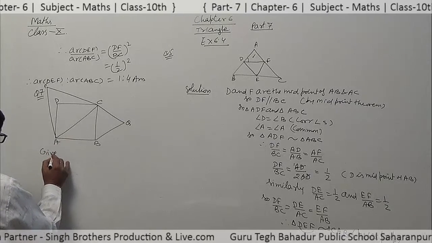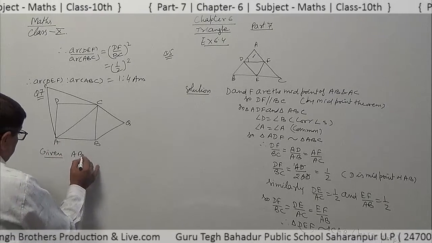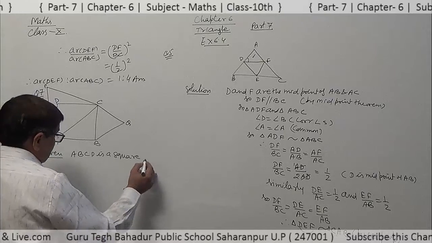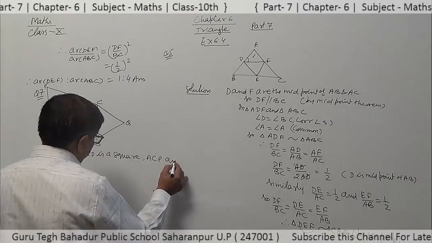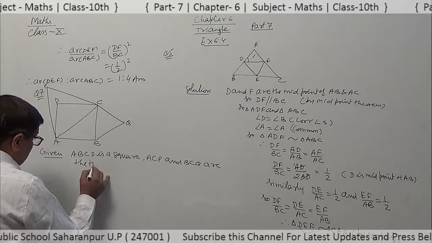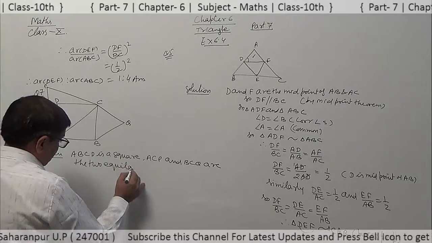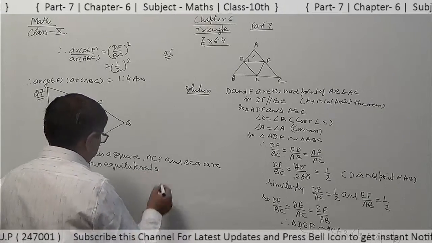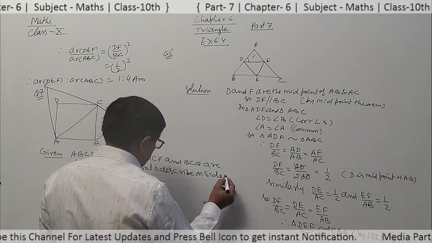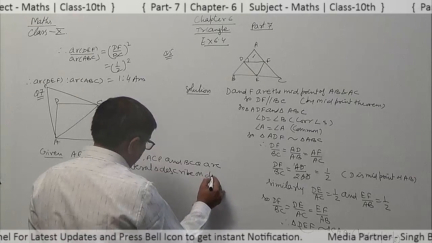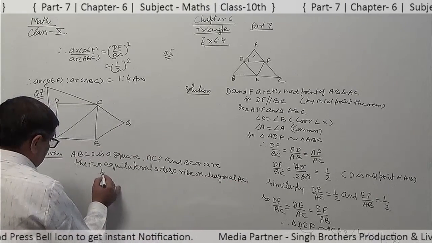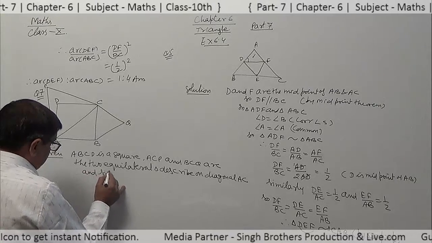Given: ABCD is a square, ACP and BCQ are the two equilateral triangles described on diagonal AC and side BC.